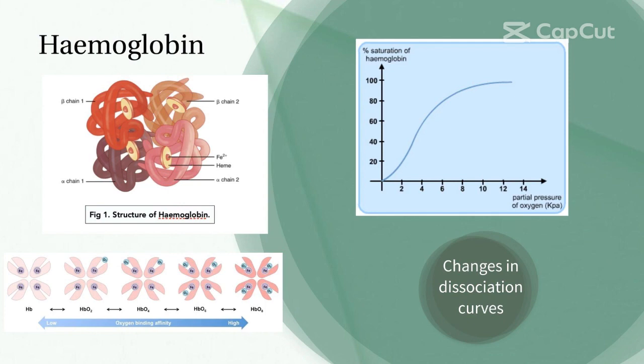Now, the affinity of oxygen for hemoglobin will vary. So what I mean by affinity is how easy that molecule of hemoglobin will pick up a molecule of oxygen. So the affinity of oxygen for hemoglobin varies depending on the partial pressure of oxygen. By partial pressure of oxygen, I just mean how much oxygen is around. So partial pressure of oxygen is just a measure of oxygen concentration.